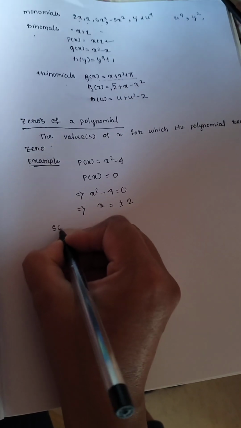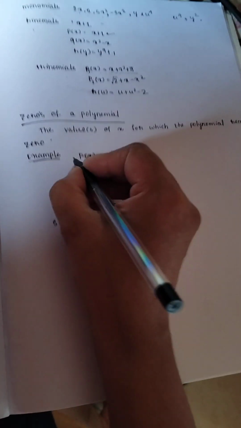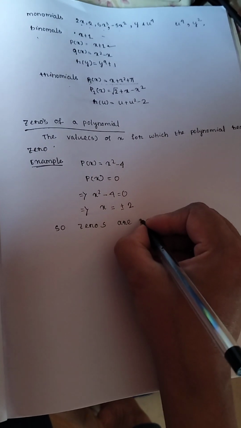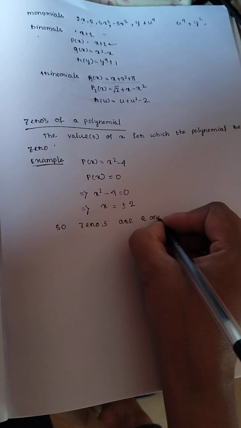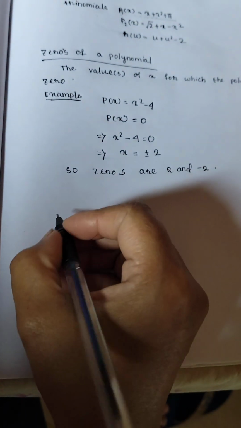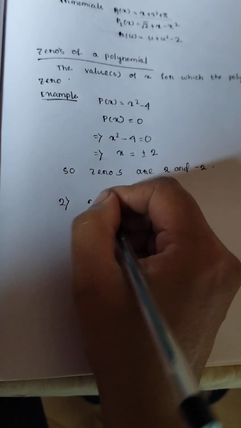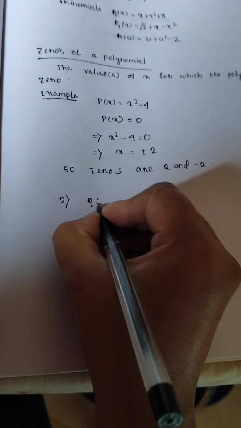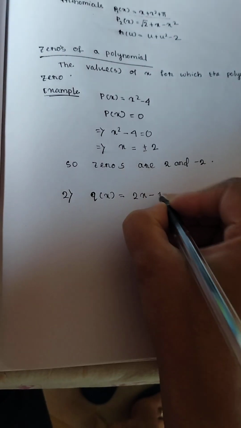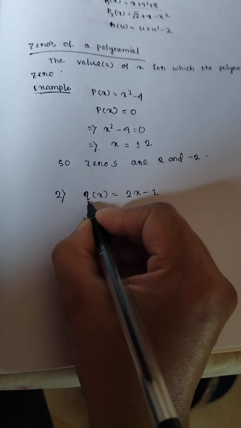So the zeros of the polynomial p of x, x square minus 4, are plus 2 and minus 2. We will take another example. Let's say the polynomial q of x equals 2x minus 1, and the question is to find the zeros of the polynomial q of x.